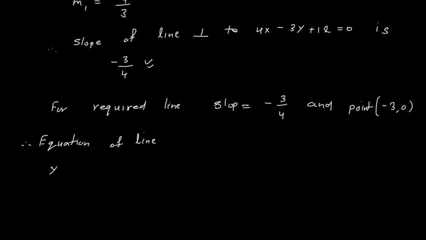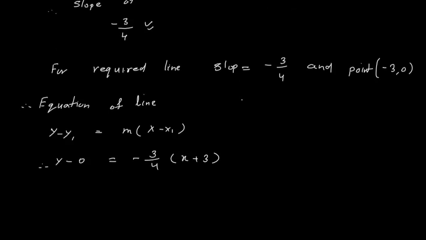Therefore the equation of line is y minus y1 equals m into x minus x1. So y minus y1, what is y1? y1 is 0, equals m. Now what is m? m is minus 3 divided by 4, into x minus x1. x1 is minus 3, so this is x plus 3.